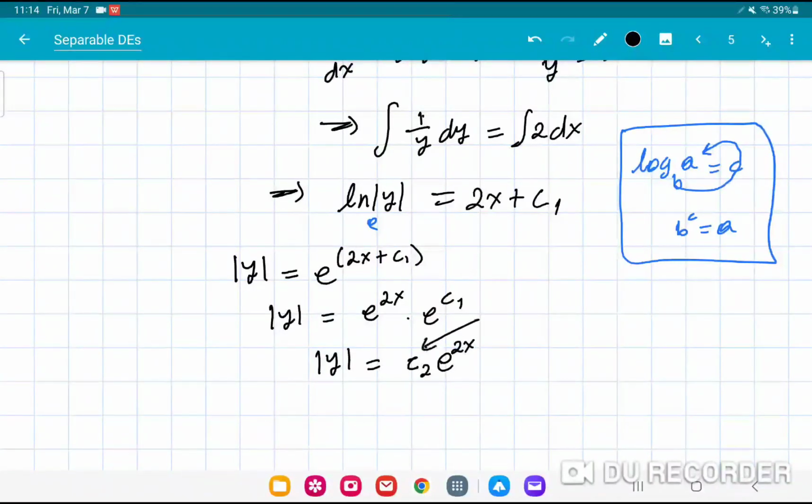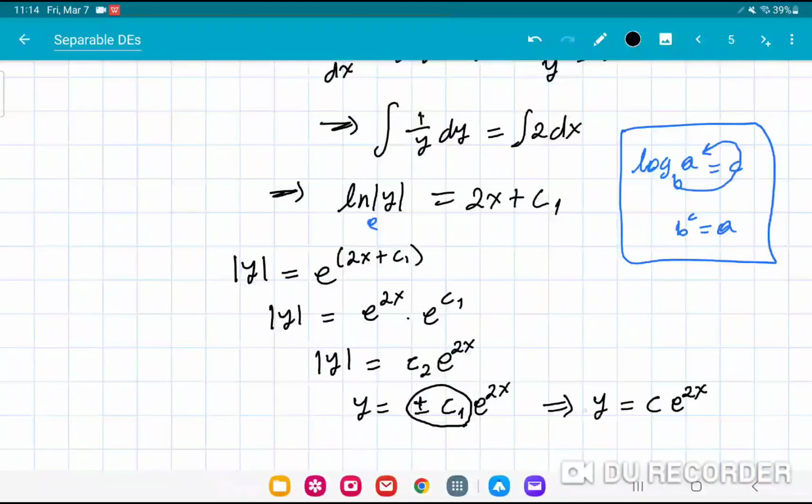This is positive, but when you're solving for y, y equals plus or minus this constant times e to the power of 2x. The nice thing is that this is another arbitrary constant, any constant this time. It can be positive, it can be negative. So I will replace that by a constant, and that will give me y equals c e to the power of 2x, and I have the solution.